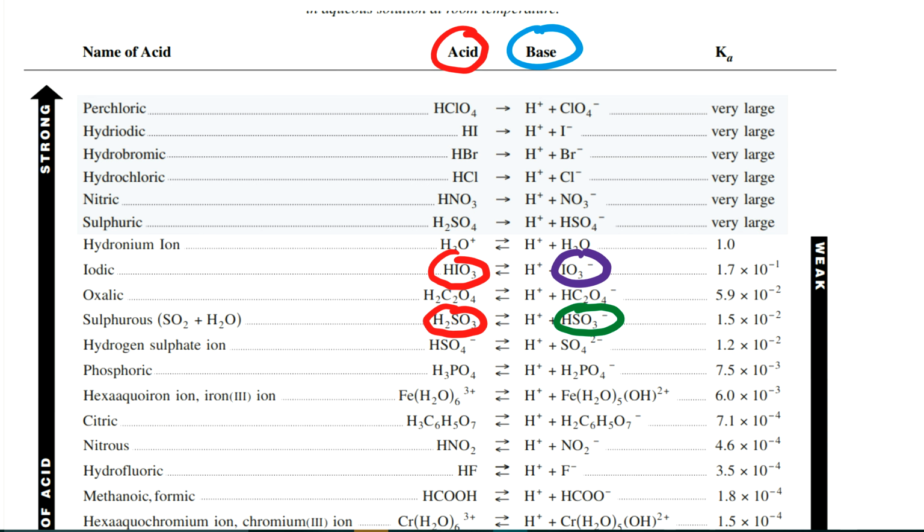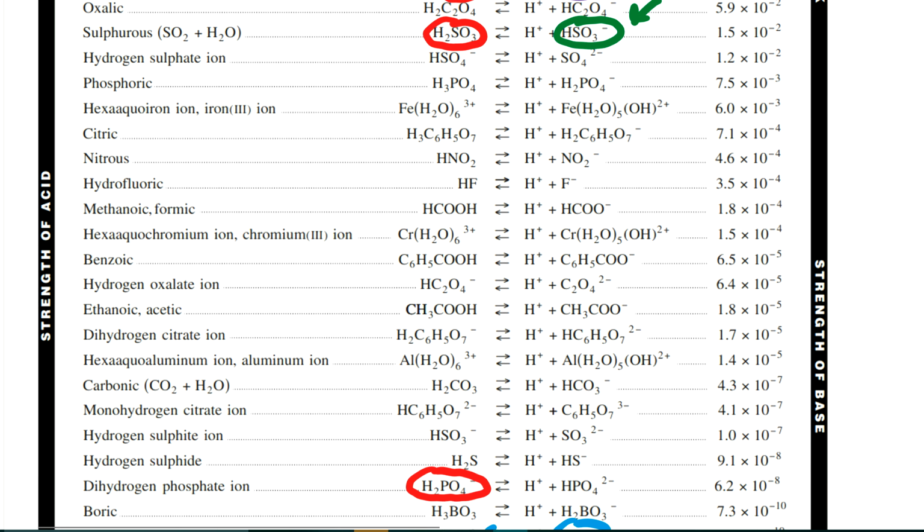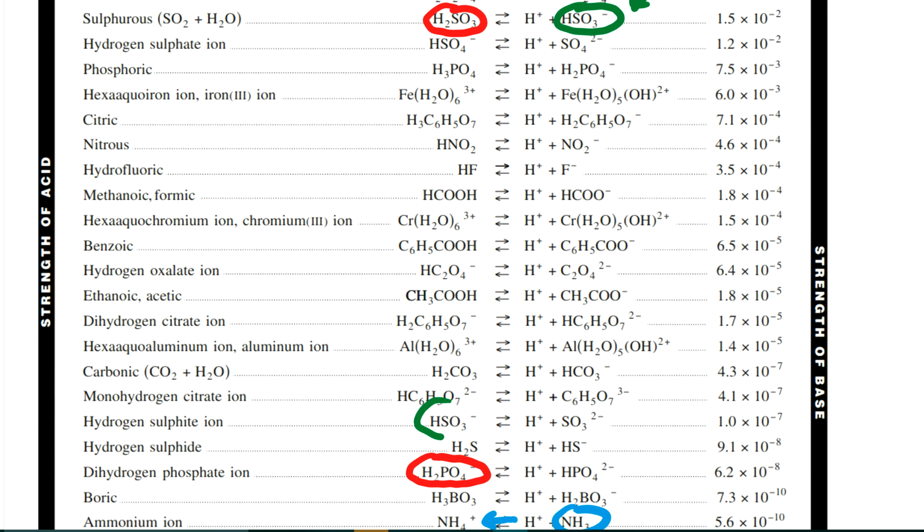But what if someone said to you, what is the conjugate base of that? So what is the conjugate base of HSO3 minus? Well, that would imply that HSO3 minus is an acid now. And so if we take a look a little further down, we saw this one earlier in the example, HSO3 minus, if that's an acid, its conjugate base would be one less proton, which would be SO3 2 minus.